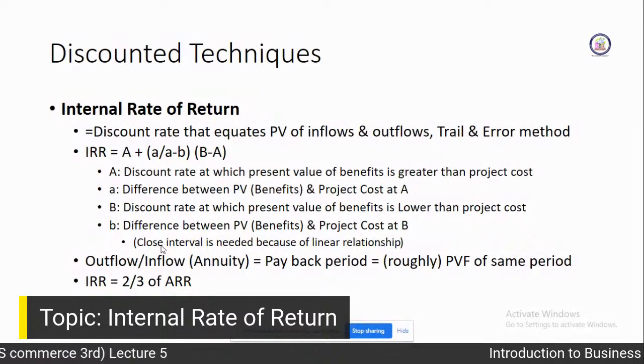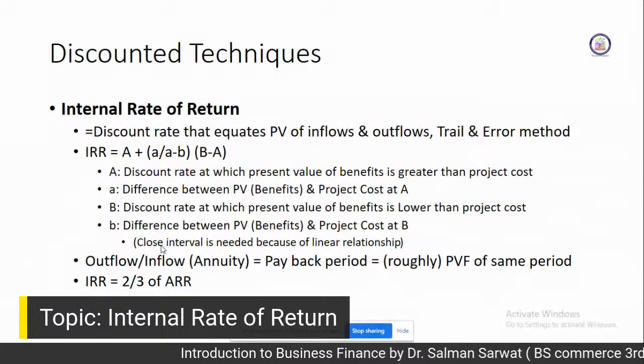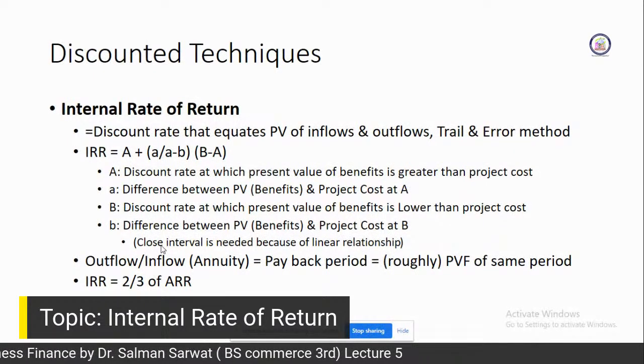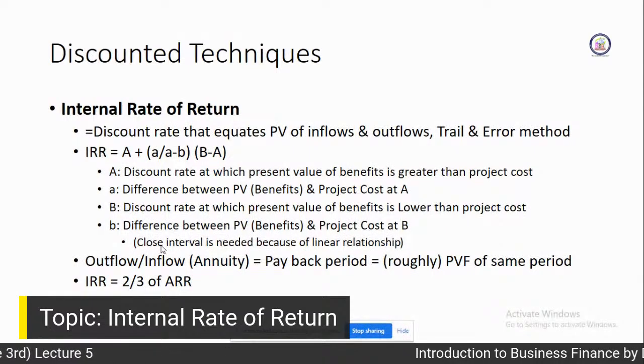I repeat that internal rate of return is the rate or a discount rate at which the present value of inflows will become equal to the present value of outflows.